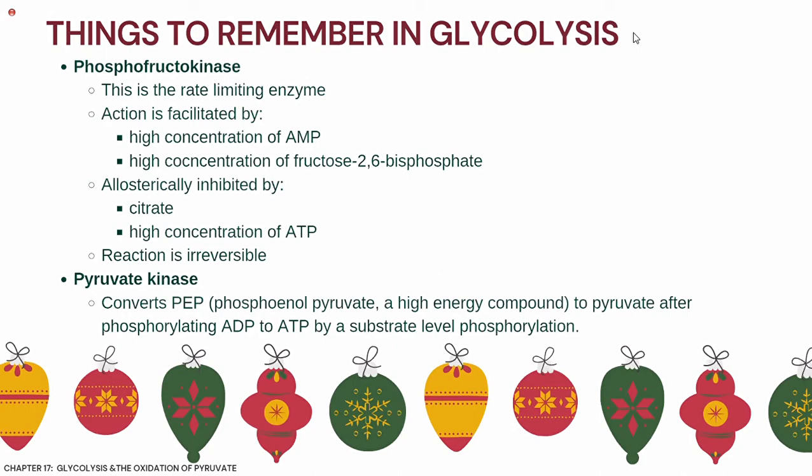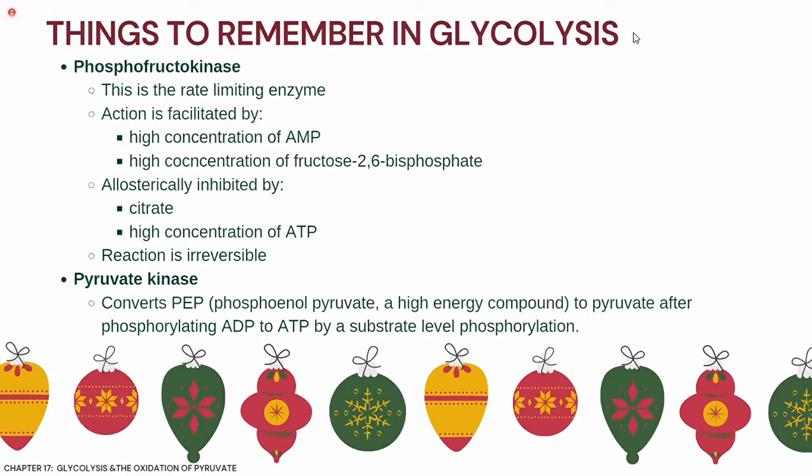All right, the next one is phosphofructokinase 1. This is a rate-limiting enzyme. The action is facilitated by a high concentration of AMP. Now, when you have a high concentration of AMP, it means that the cell is in a low charge, meaning ATP has been used because it has now become AMP.